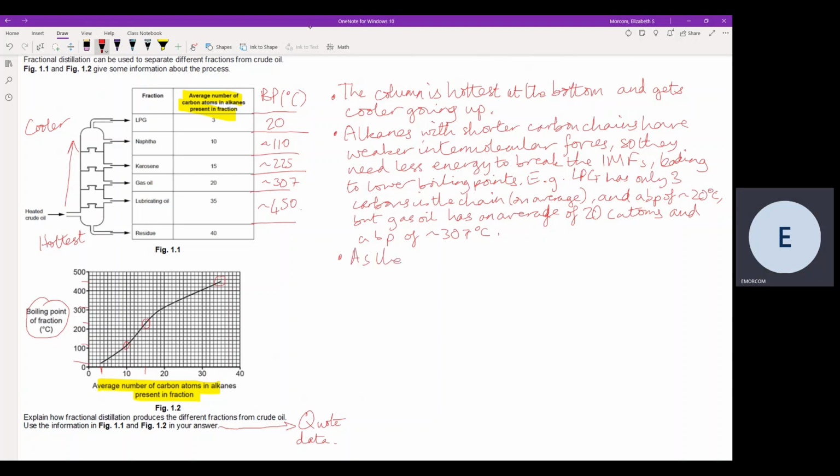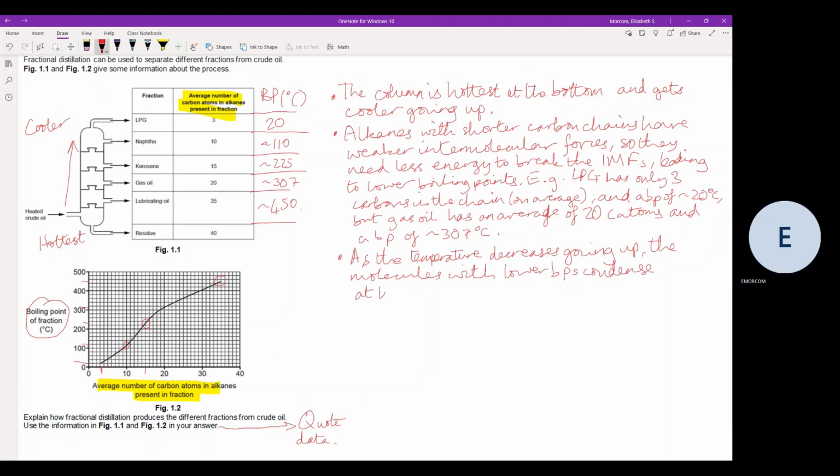As the temperature decreases going up, the molecules with lower boiling points condense at higher points in the column, and this separates the fractions.